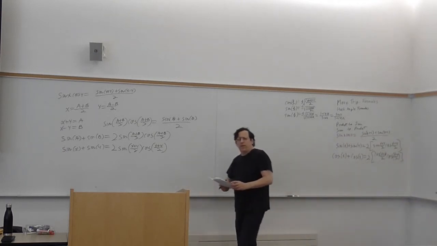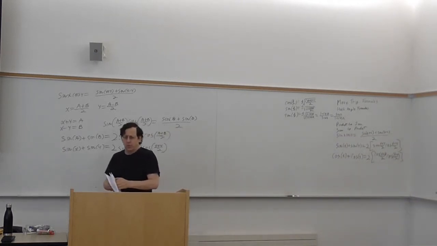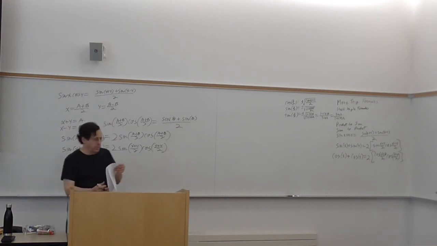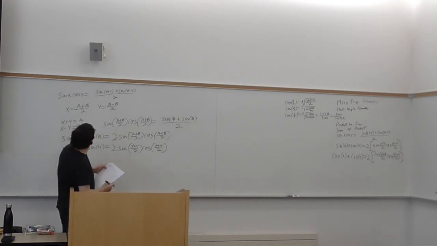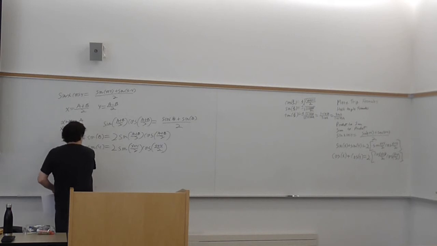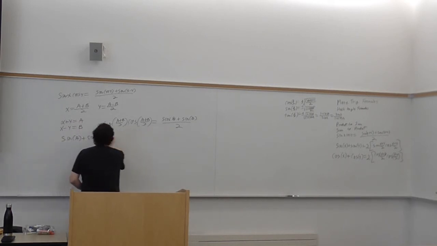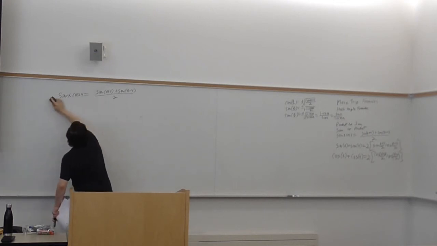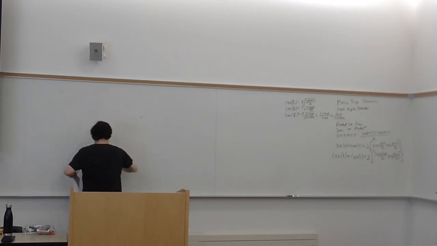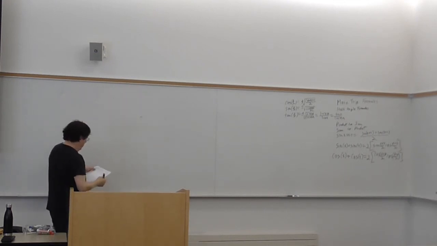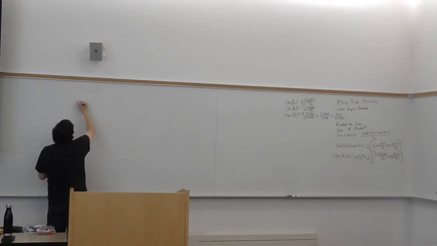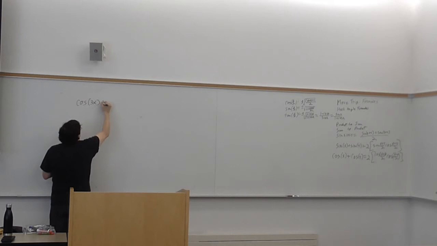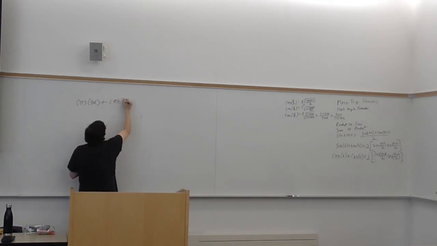And let's look at an example where this might be useful. I wanted to take cosine of 3x and add it to the cosine of 7x.